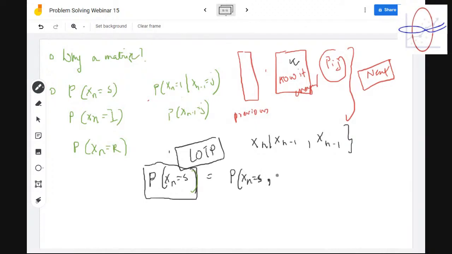Into the probability of X_n. So what are the possible cases it can happen? X_{n-1}. Sir, can we write like this?